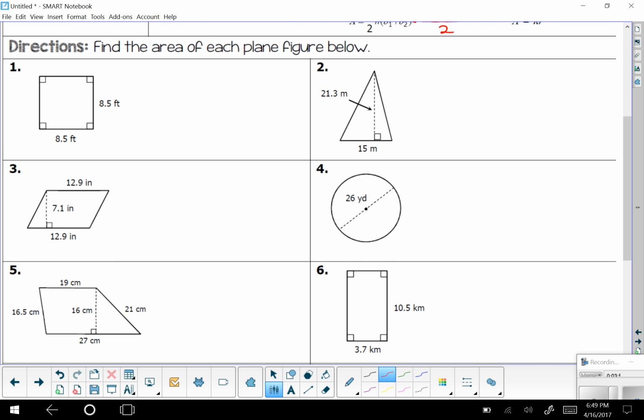All right, so find the area. Here we go. Find the area of each plane figure below. So this is a square. How do we know it's a square?